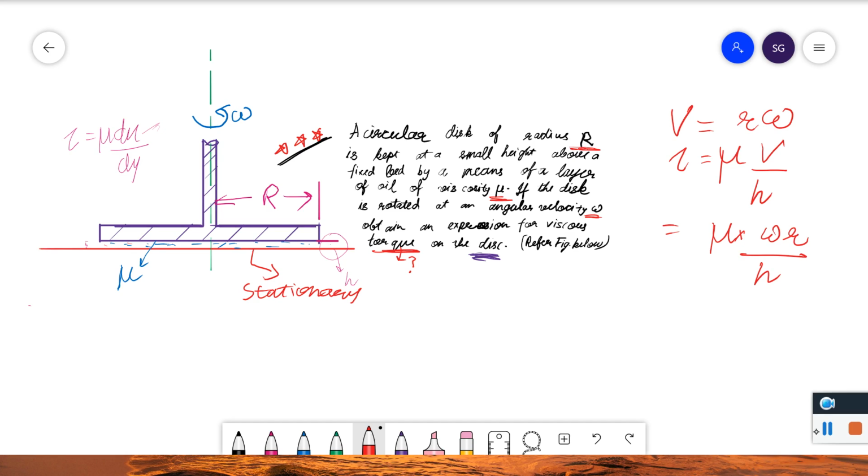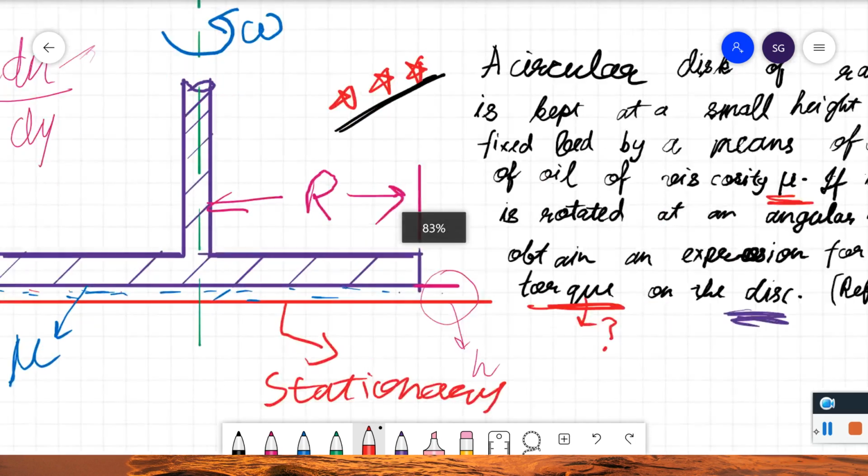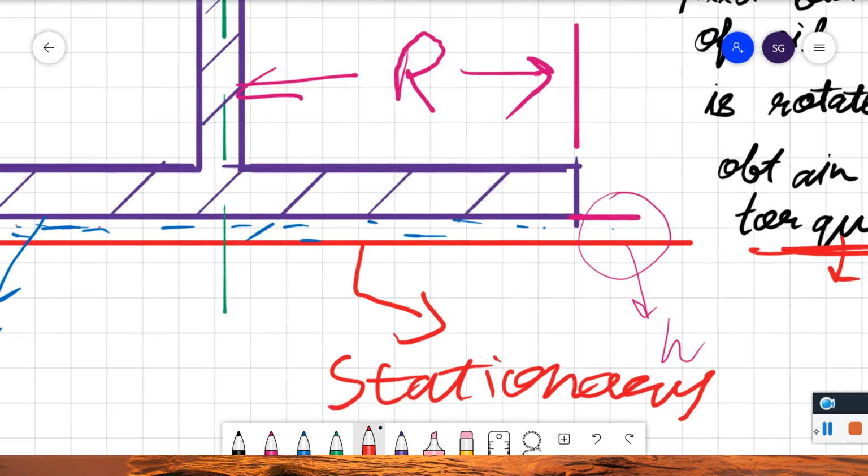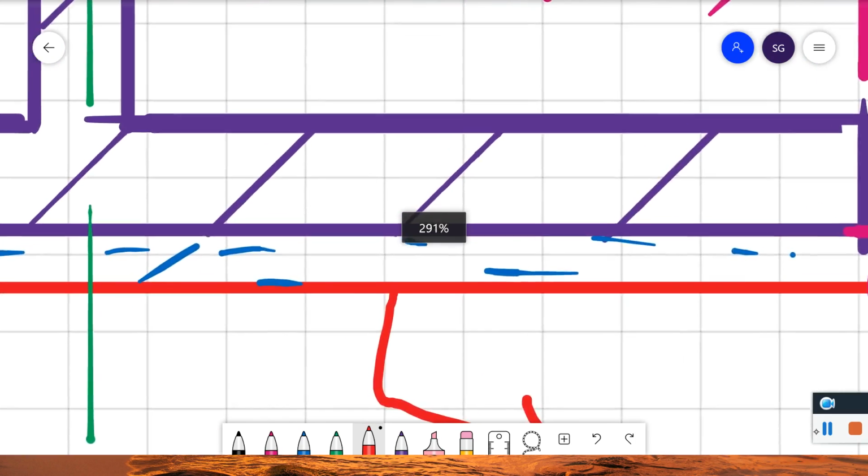Now what we have to do is find the viscous torque. Before I talk about torque, since I said that we have to do integration, we will just magnify and I will show you what actually the thing is. I magnified it.